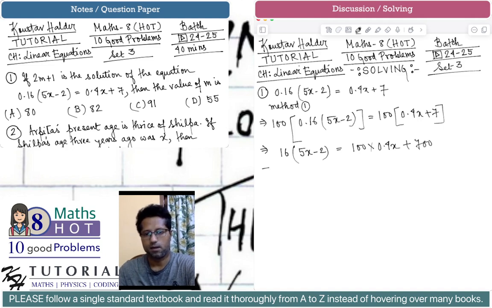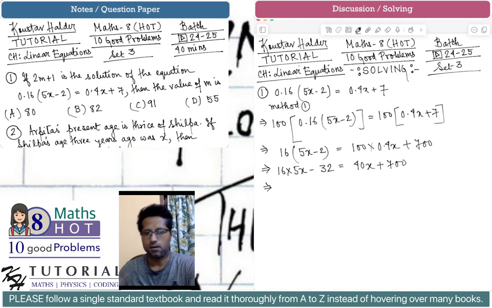Now after further simplifying the LHS, that is doing the product of 16 and (5x minus 2), I have 16 multiplied by 5x minus 32 is equal to, now 100 multiplied by 0.4 is 40, so I have 40x plus 700.